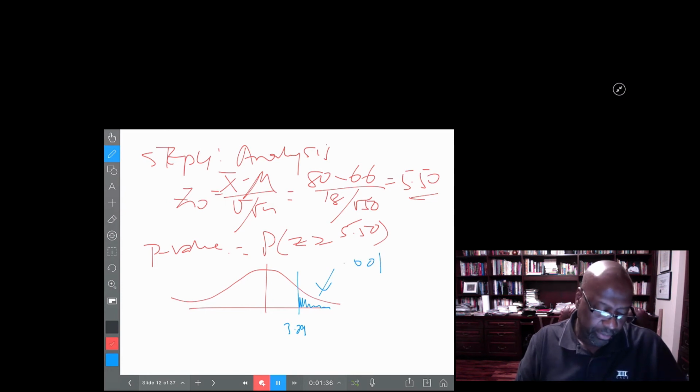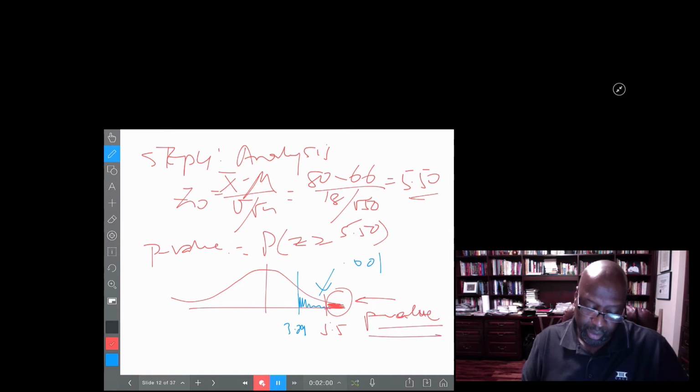Question is, where is 5.5? Well, it's beyond that point, which means that this little area in red is less than the area in blue. And so in this case, this here is our p-value. It's just the probability associated with the sample. Okay? So our p-value, or prob value, some books say.